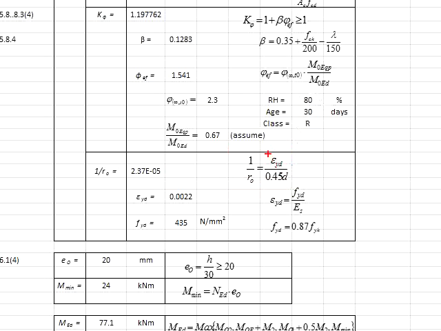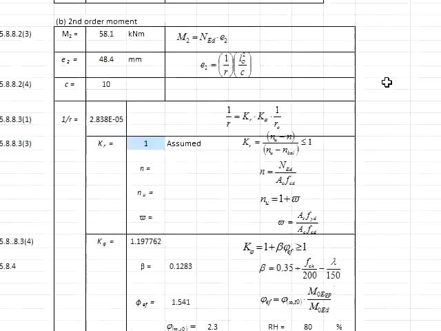It is a function of the design yield strength of the steel bars, divided by 0.45D. This epsilon yd can be quantified by these equations, dividing the design stress of the steel bar with the modulus of elasticity.